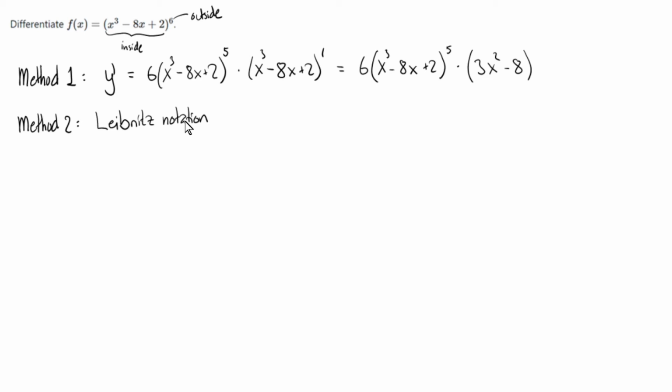So here we're going to let u be defined as the inside function, so x cubed minus 8x plus 2. So that means that y equals the inside function to the power of 6.